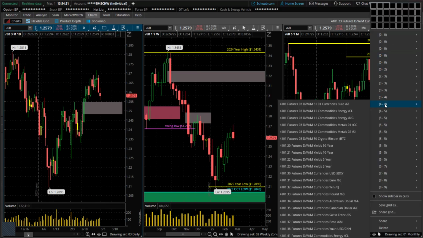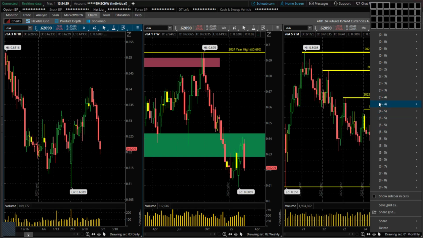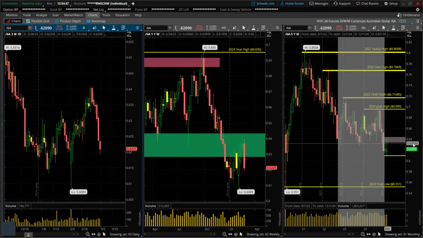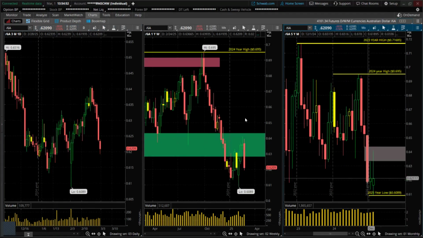On to the next. Australian dollar. Yep. Australian dollar. Wow. Look at that monthly, huge trading range compared to that first month. And disappointing. So look at this here. Huge wick.